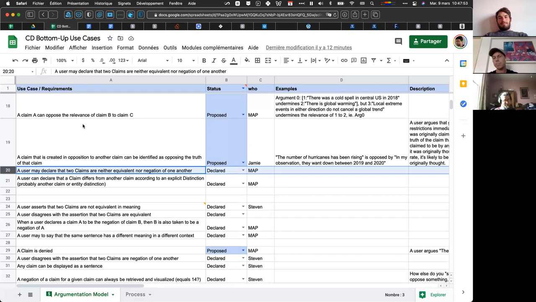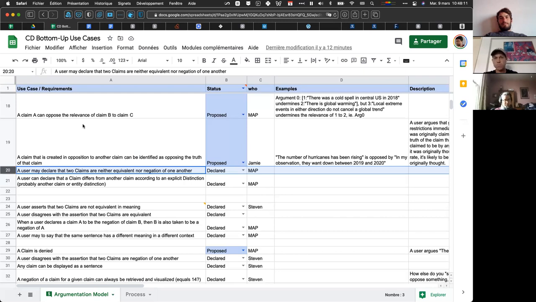Because, for example, any argument automatically refers to another claim, because that other claim is its conclusion. But there's another case of a claim referring to another claim that we should capture.